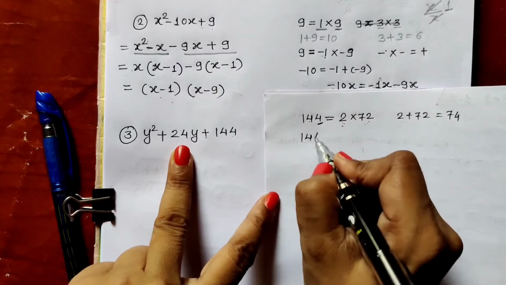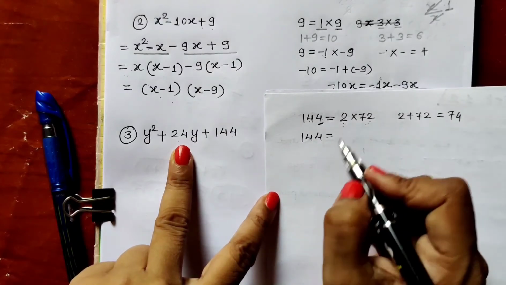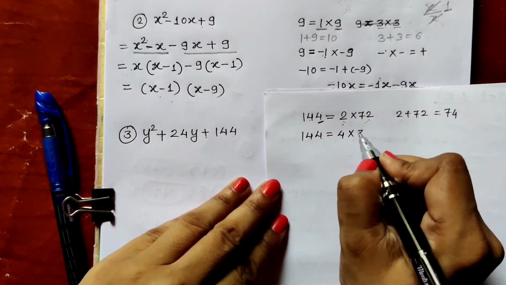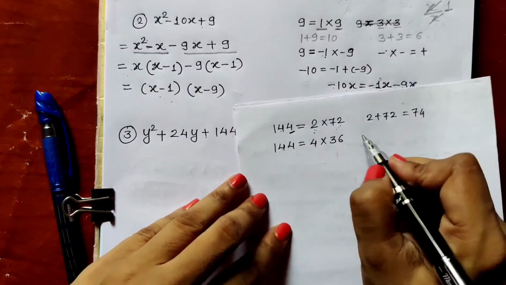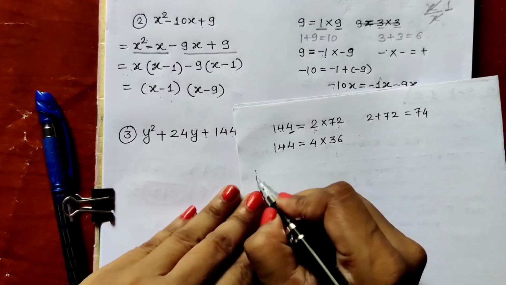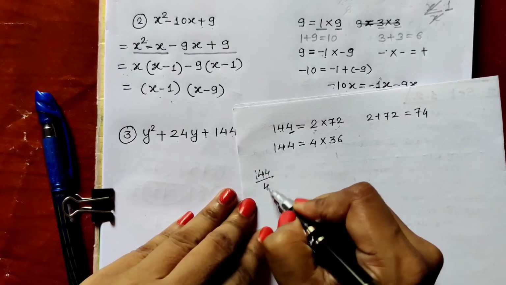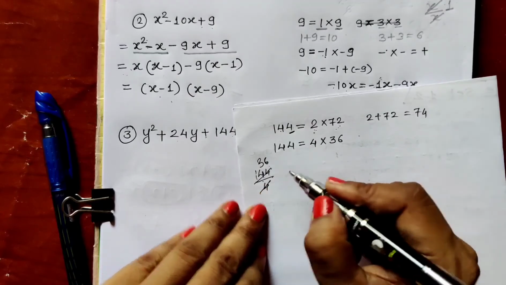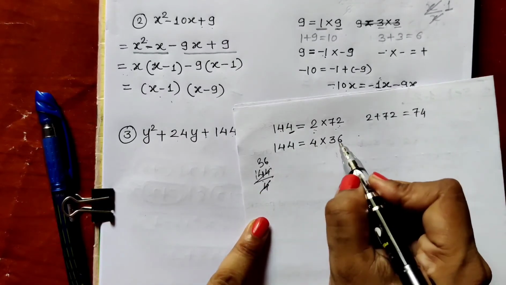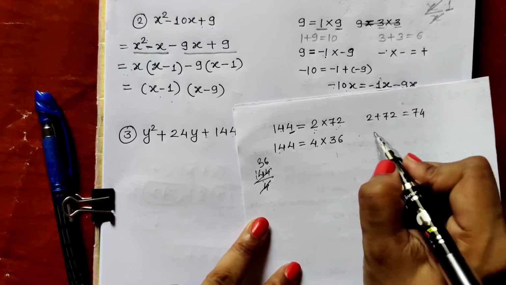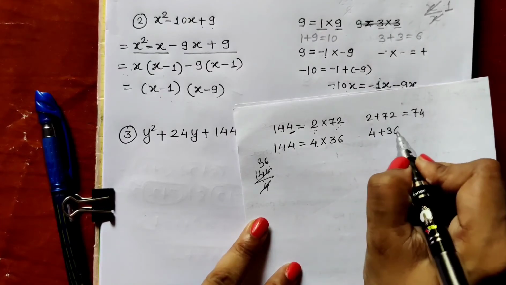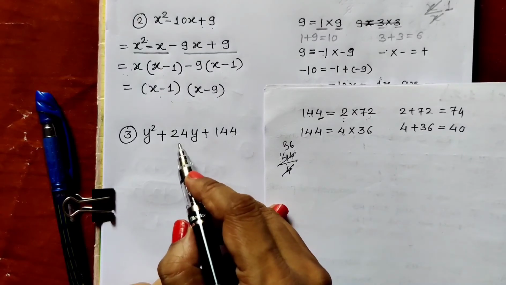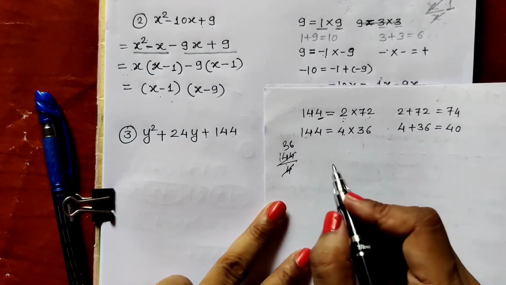Next, two factors of 144 can be 4 into 36, correct? If you divide 144 by 4, 4 3s are 12, 4 6s are 24. So 4 into 36 we get 144. But 4 plus 36 is equal to 40. We want two such factors whose addition should be 24.